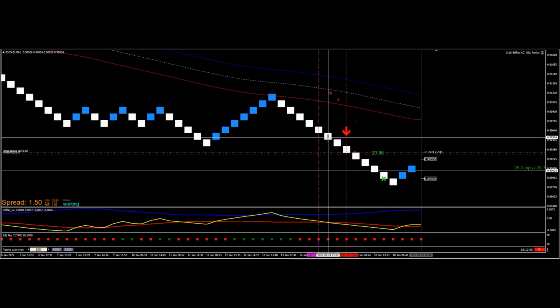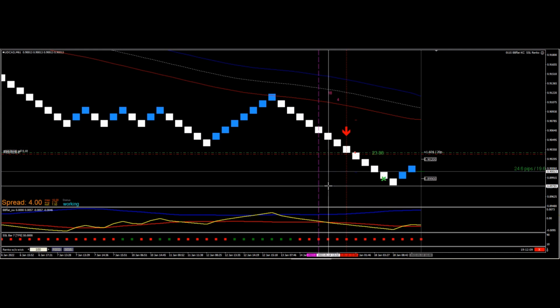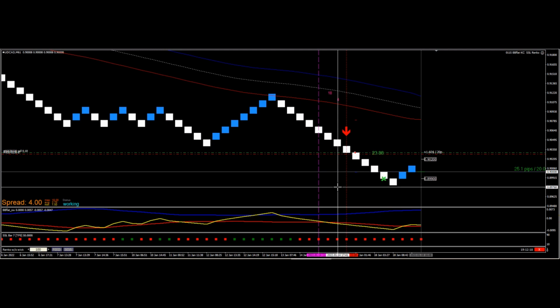Here we can see that the brick opened below. We have a C1 red, but it looks like we didn't have enough volume. Now what's interesting is on this brick, it looks like everything is meeting the criteria. It opened below, our C1 is red, and our volume signal line is below the red line.